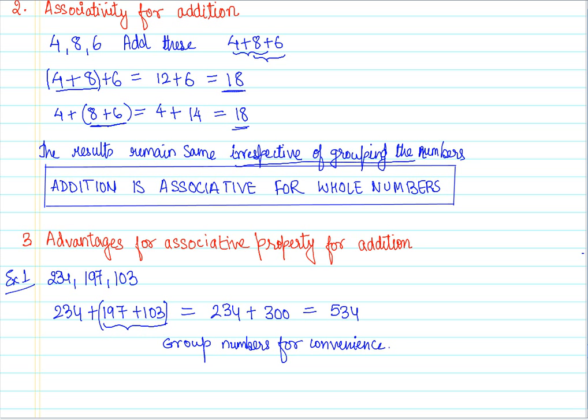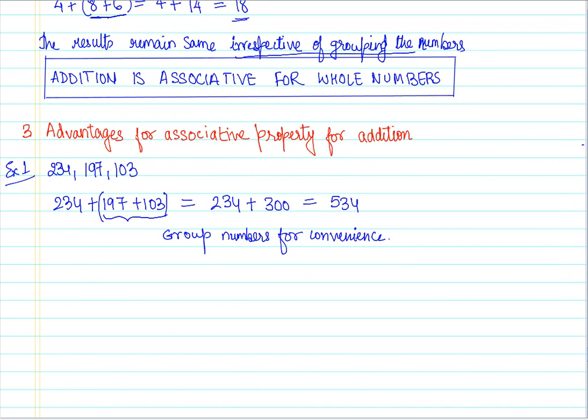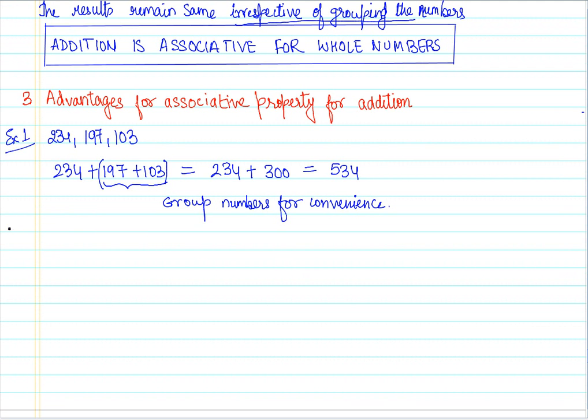Okay, let's have a look at another example. We have three numbers, 14, 17 and 6, and we are supposed to find the sum in two different ways.